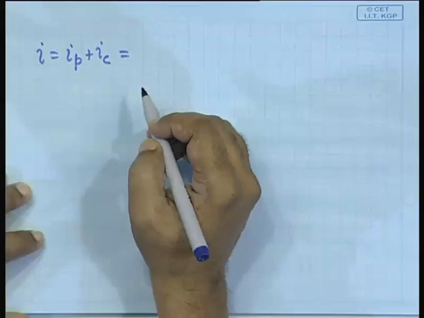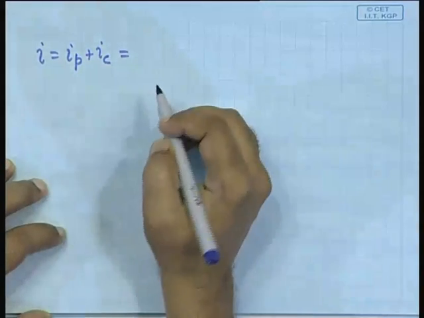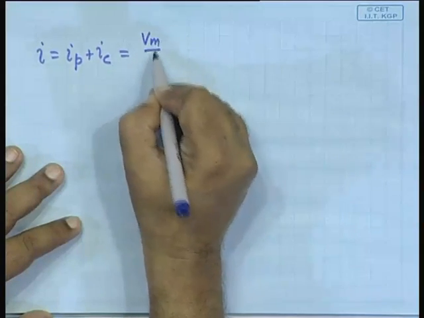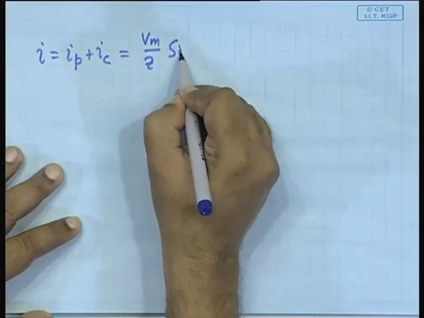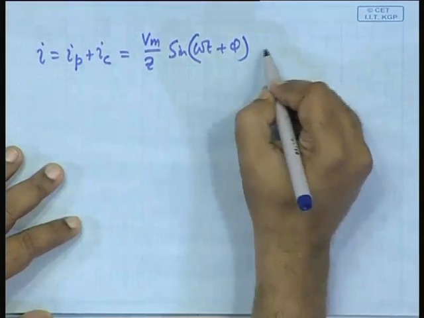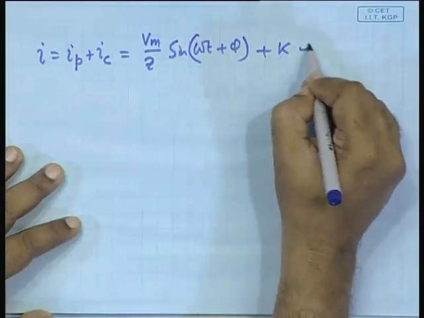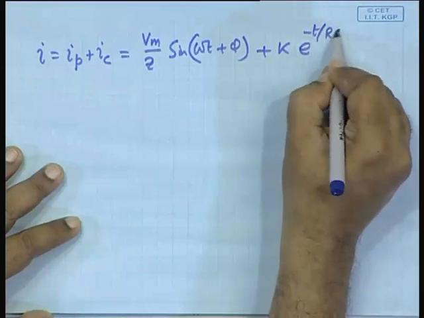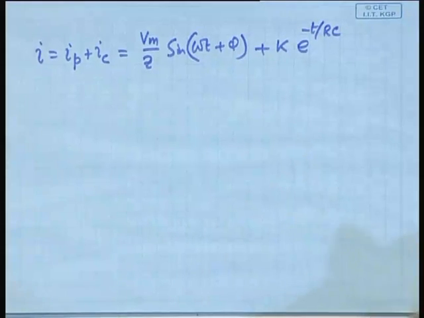Taken together, you have V m by Z sin omega t plus phi plus k e to the power minus t by R C.